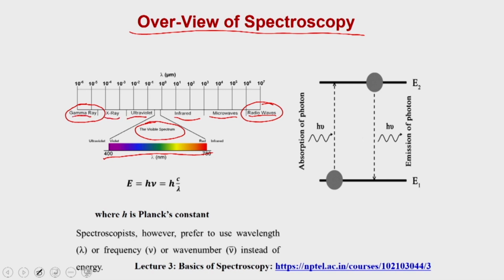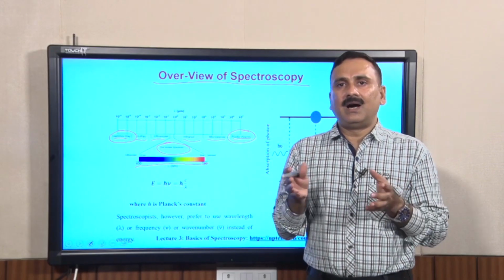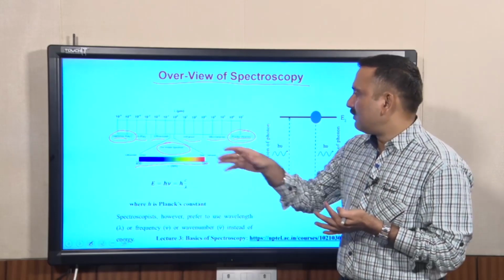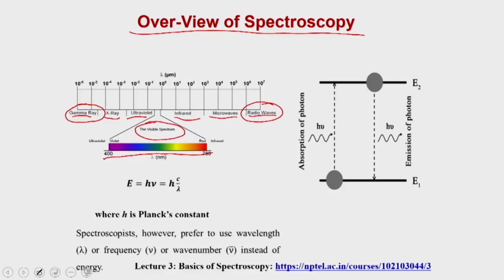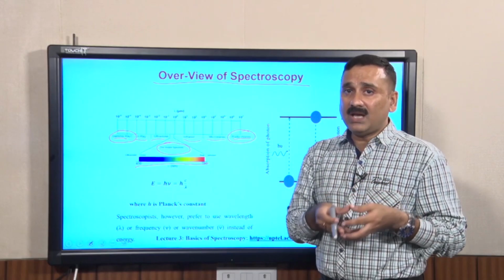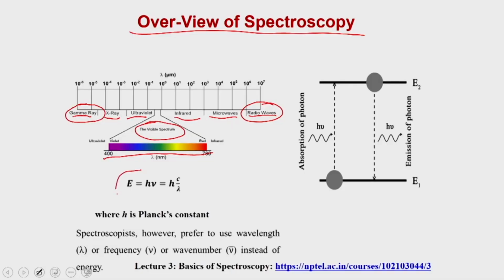And if you see, the wavelengths of these lights vary very much from the radio waves to gamma rays, and if you want to calculate the energy associated with each radiation, you can use the formula E equal to h nu, or E equal to h c by lambda, where h is Planck's constant.